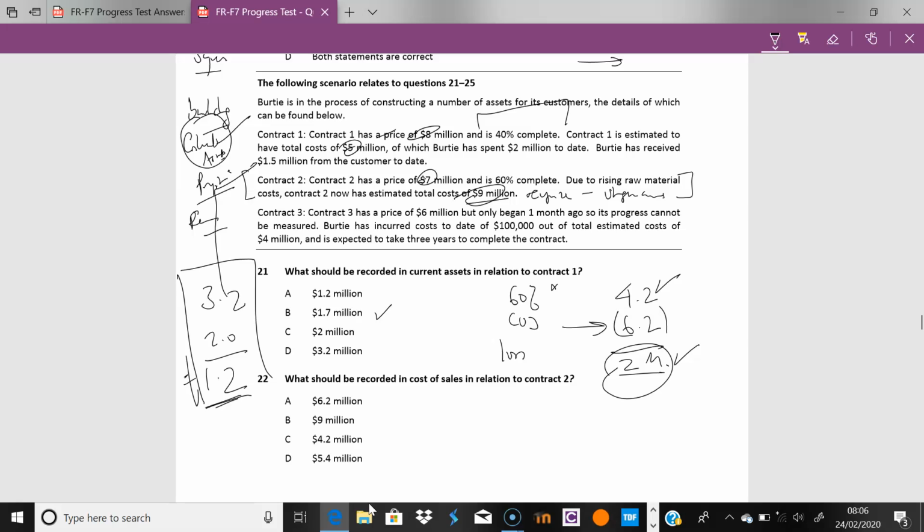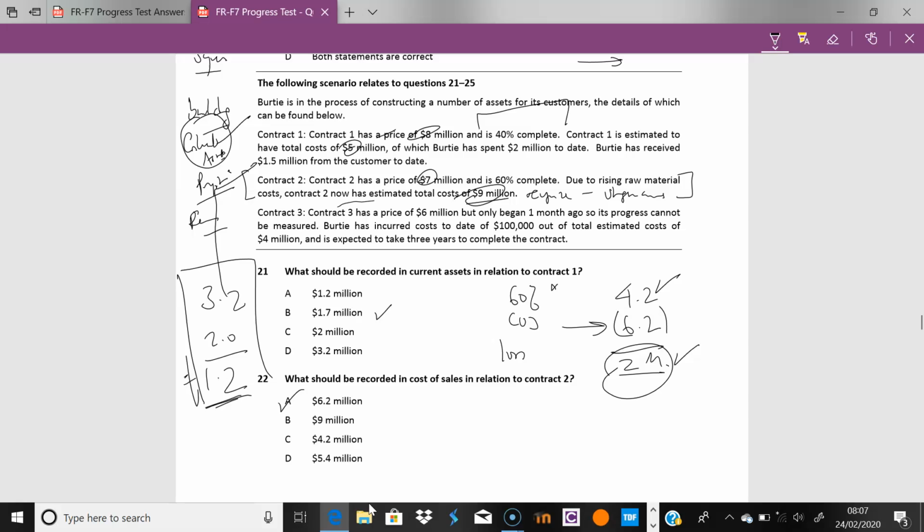So that's the cost of sales for that, and that was therefore 6.2 million there. I mean, there is some more double entry to it, to be fair, because as you can imagine, it doesn't just happen overnight. So you probably were recognizing 60% of the initial cost.